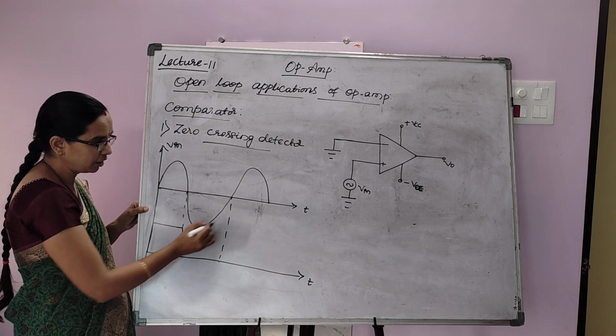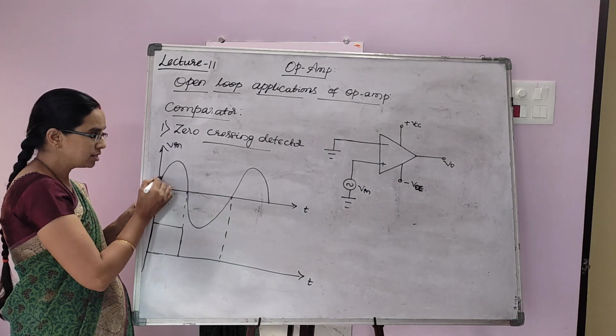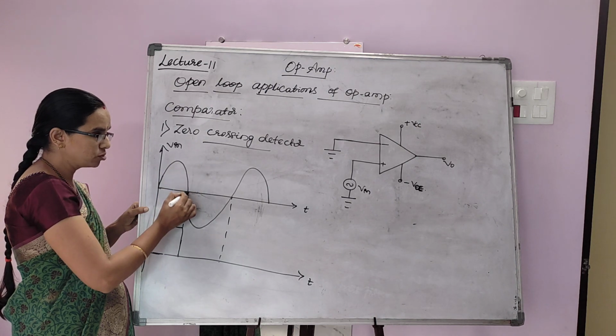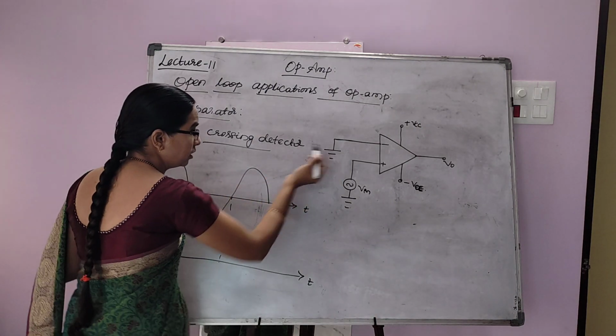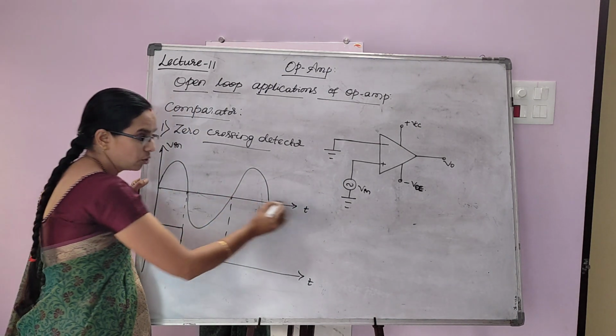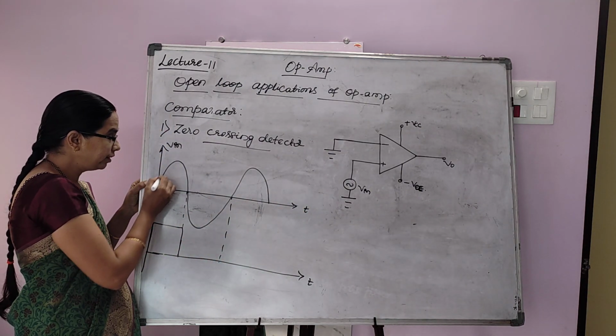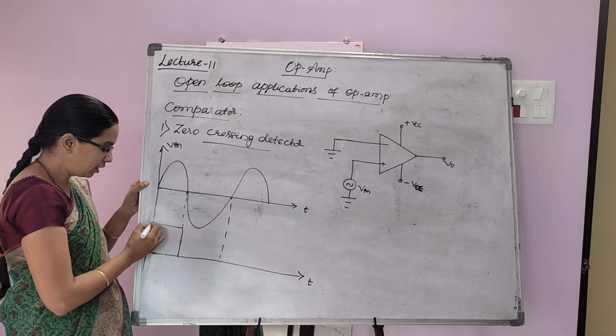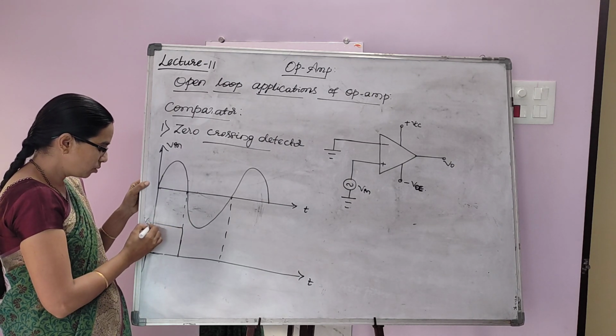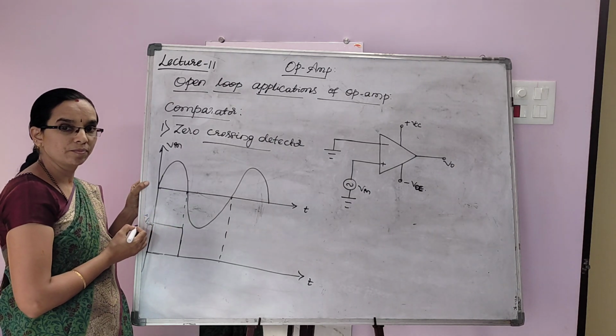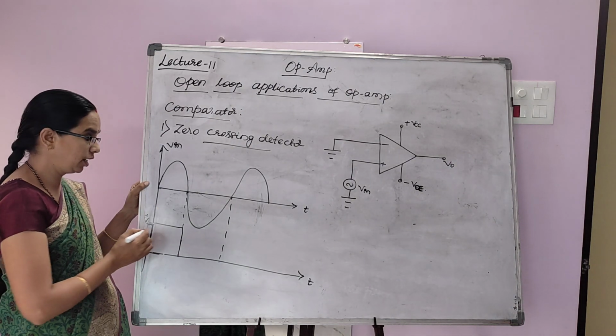Whenever the input signal is having positive values, it is compared with the zero potential. This is the zero potential line. If it is greater than the zero potential, we are getting positive V saturation, that means plus VCC it will take.